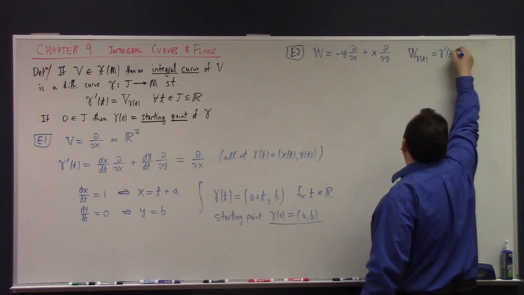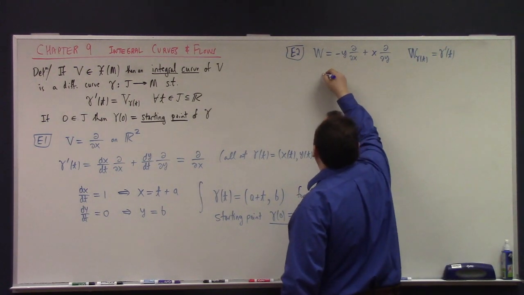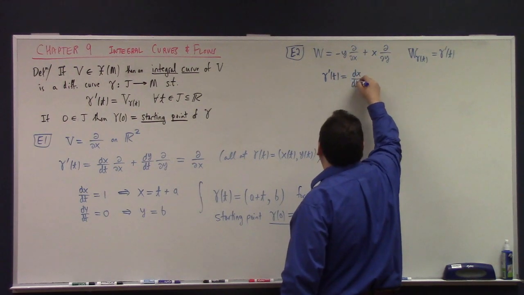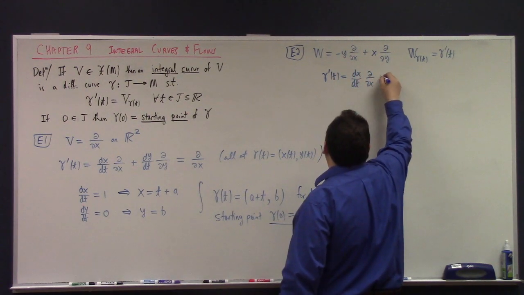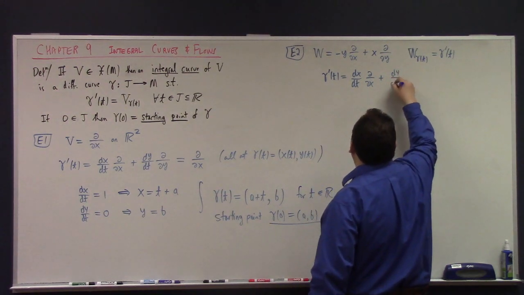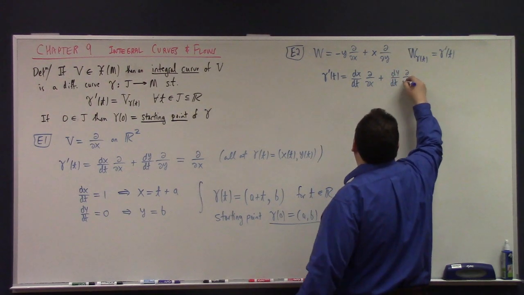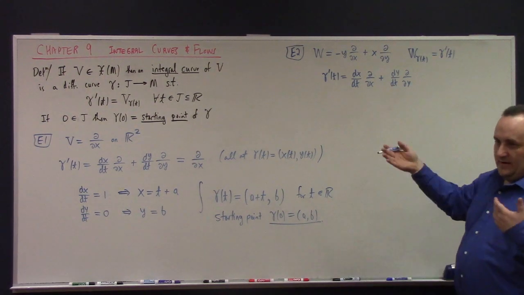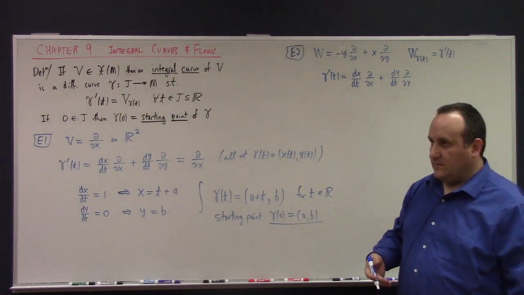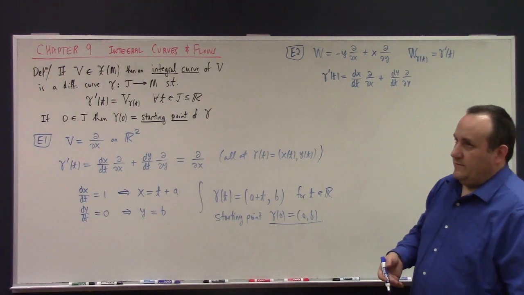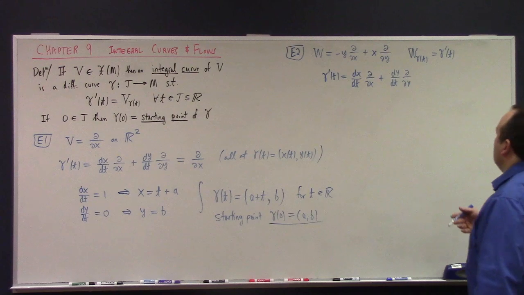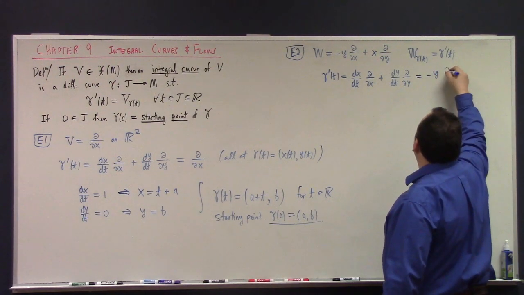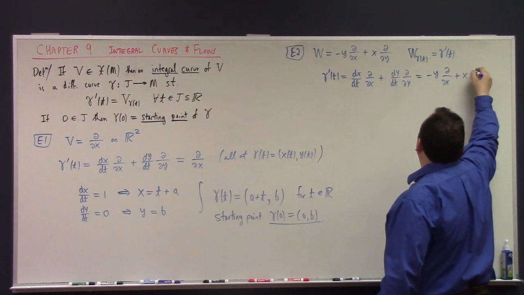So this time, I'll write out gamma prime again. By the chain rule, that's dx/dt partial x plus dy/dt partial y. I'm not sure it's the chain rule; it's just how the derivative of a curve interacts with the chart domain, as we've worked out before, back in chapter 3, 4, maybe. So that is going to be equal to minus y partial x plus x partial y.